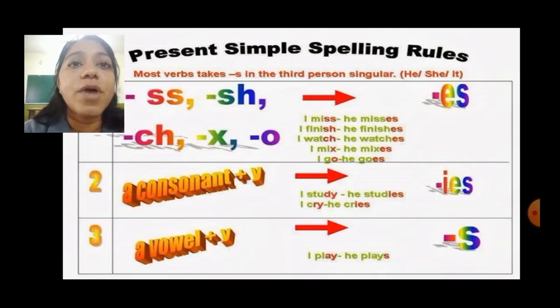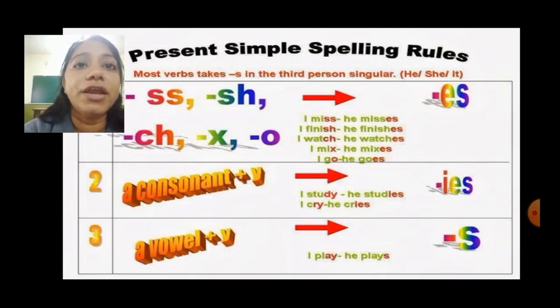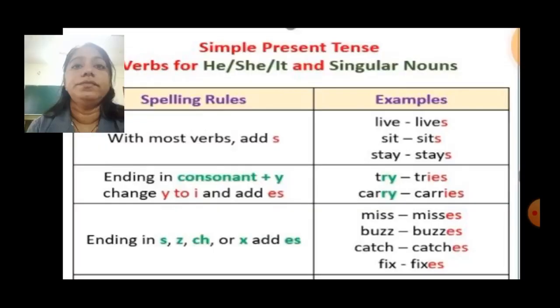We will remove y and we will add ies. I cry. He cries. But when the word ends with y and it has a vowel before it, we will just put s. I play. He plays. We will not remove y.